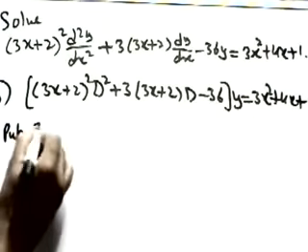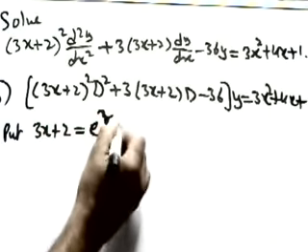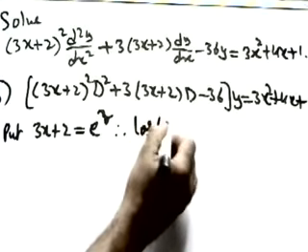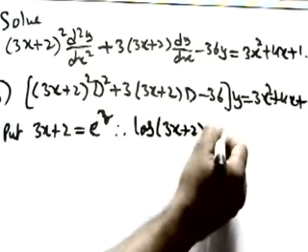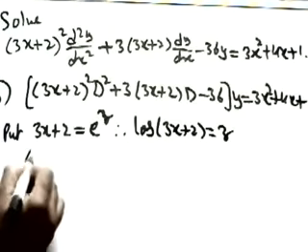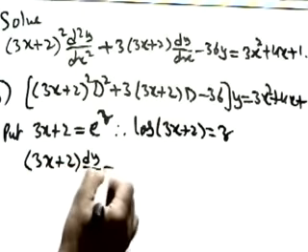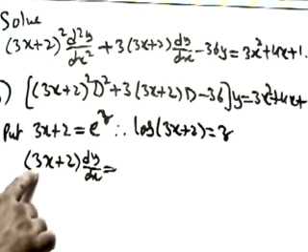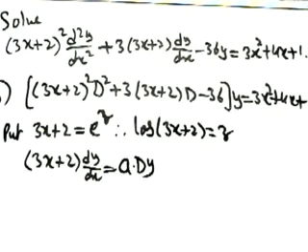Now the next step: what is the method we have? Put 3x + 2 = e^z. Therefore, if you apply log, log of (3x + 2) becomes z. So we got the value of z, and we suppose 3x + 2 is e^z. Now the next step, this is the formula: (3x + 2) dy/dx equals a into Dy.